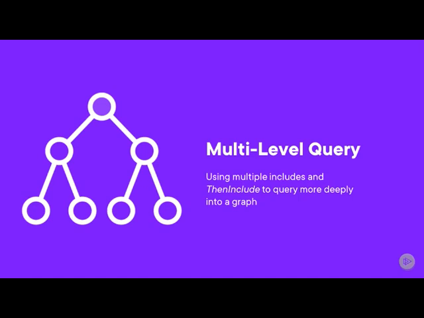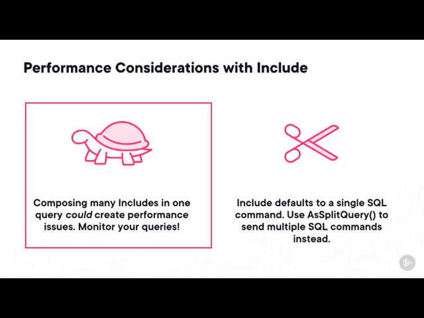When you first learned about includes earlier in this course, I mentioned the ThenInclude method. That's what you can use to go deeper and deeper into a graph. There was something else I talked about then as well. When you pile on the includes in a single query, you should keep an eye on its performance.